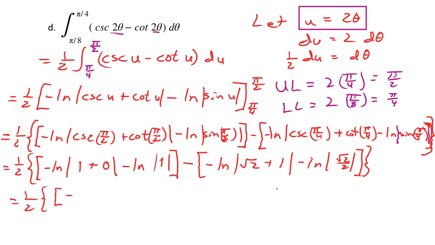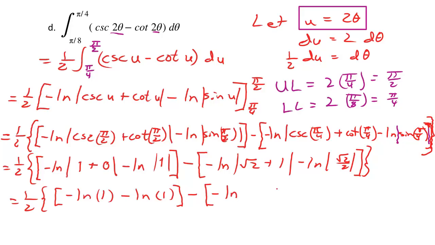All right, so first we have negative natural log of 1. We don't need the absolute value anymore because 1 is a positive value, minus natural log of 1. Well, those are just 0, right? For both of those. I was going to distribute that negative, but we'll wait on that.